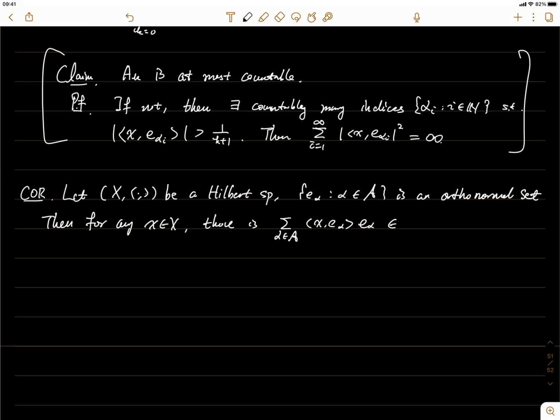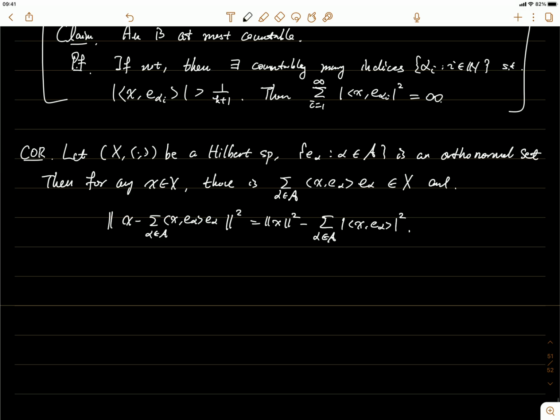We will know that this must be in X as well, and also if we take the squared distance between x and this linear combination, we actually get that this is just equal to the norm of x squared minus the sum of squared coefficients. Okay, we actually have this.